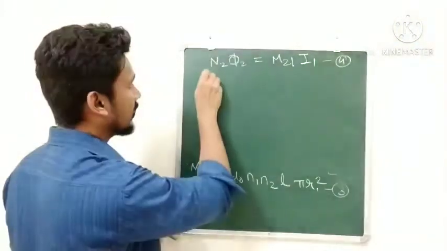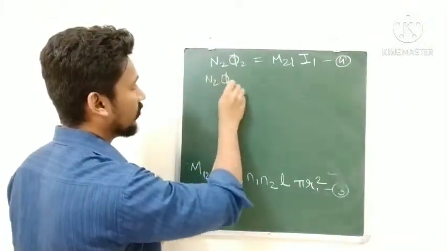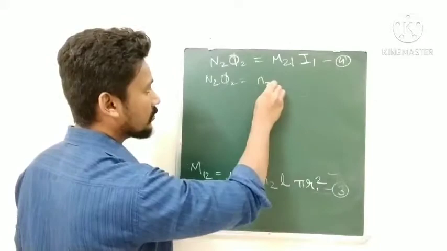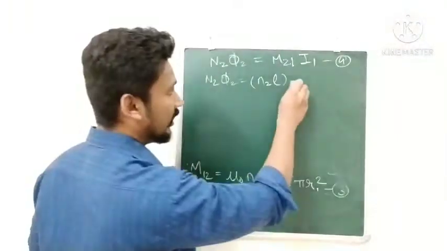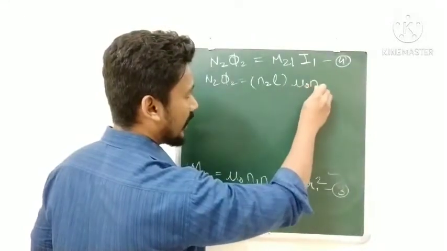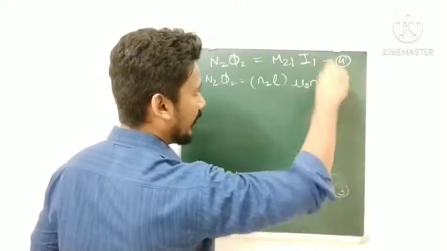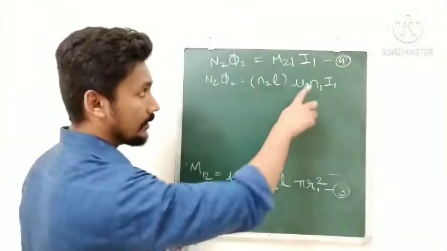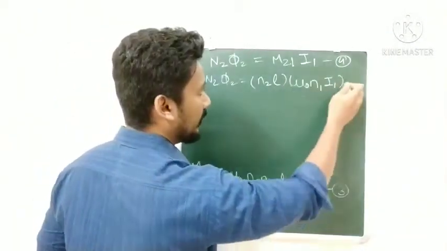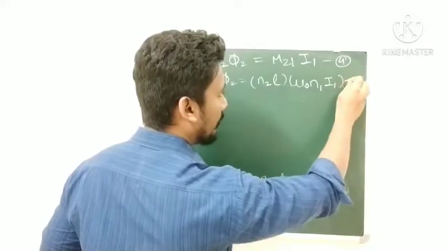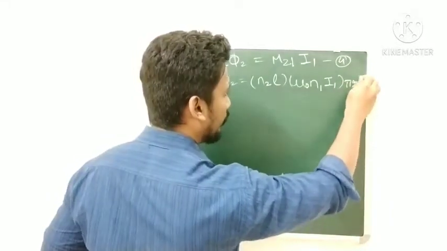Okay, again this we can find out the LHS. N2 phi2 will be equal to small n2 into L. Then how much will be the magnetic field inside? It will be mu naught N1 I1. Okay, because the current is going through the coil S1, multiplied by how much is the radius? Pi r1 square.